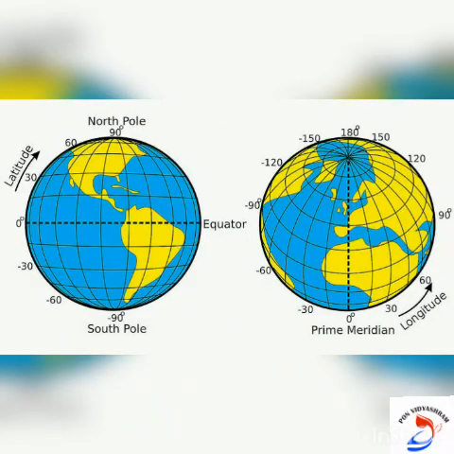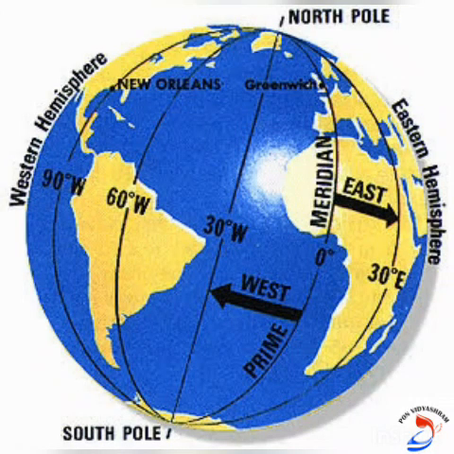So we start from the equator to the North Pole and South Pole for latitudes, isn't it? Likewise, to start a point of longitude, they have decided to set the British Royal Observatory, which is in Greenwich, as the starting meridian. It is named the prime meridian and its value is 0.